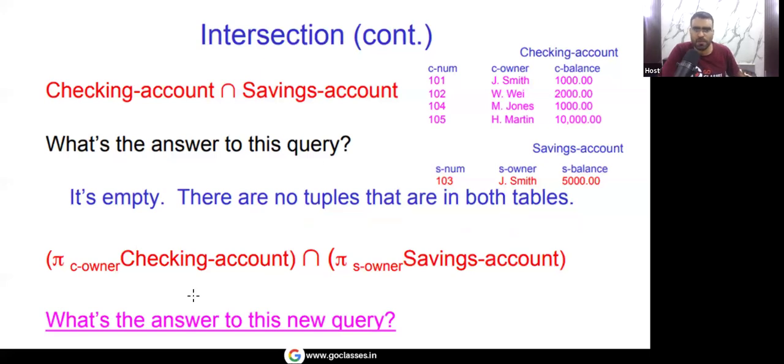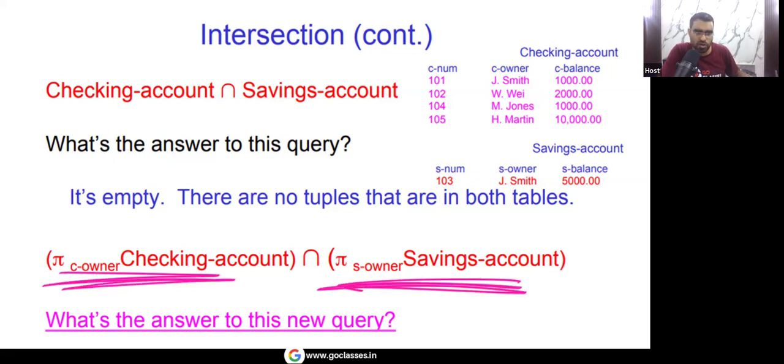Very simple. Okay. Now tell me, if I do projection of C owner and here I do projection of S owner, first of all, you tell me, can I do their intersection? Here I am projecting C owner and here I am projecting S owner. Can I do their intersection?